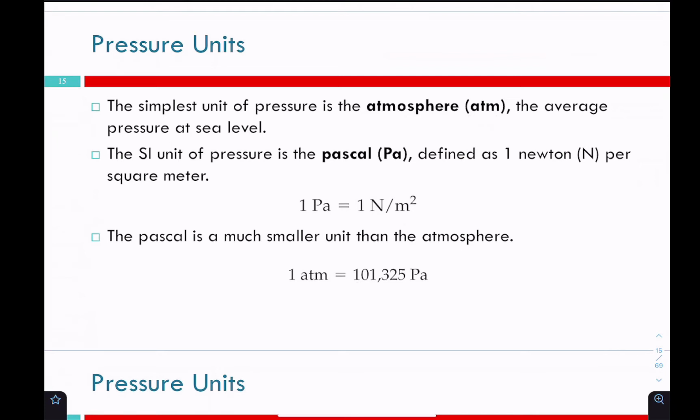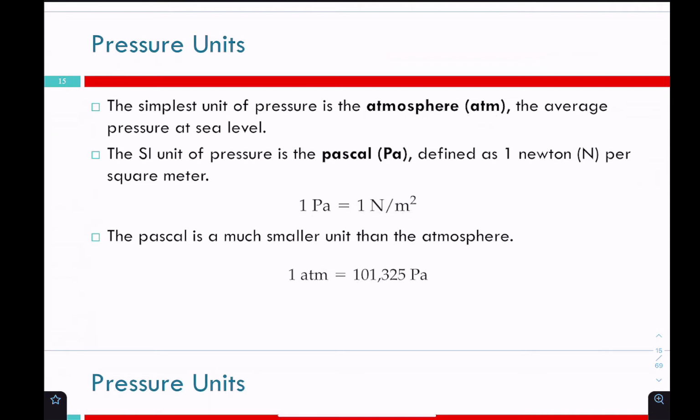And 1 Pascal is a force of 1 Newton per meter squared. Pascals are really a pretty small amount of force, but it's over a huge area.